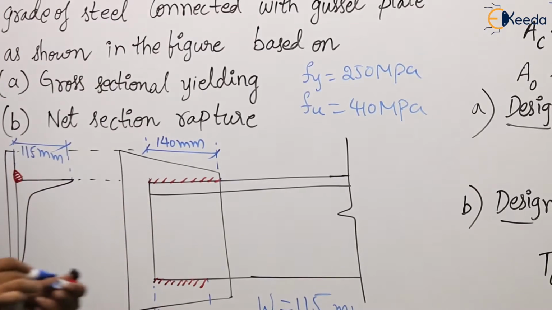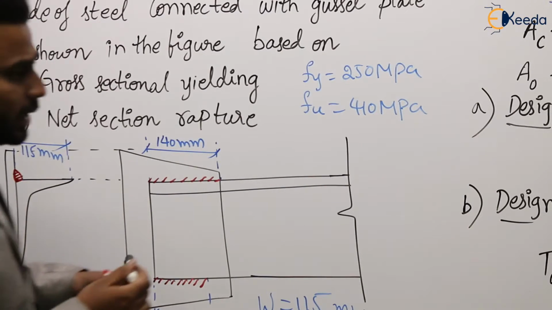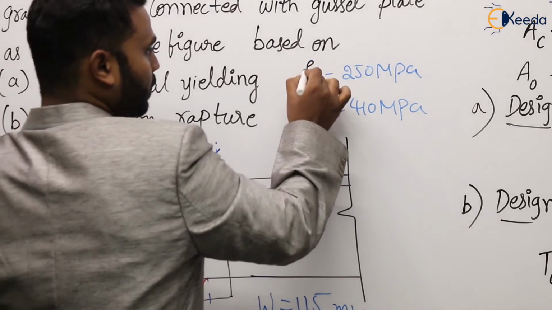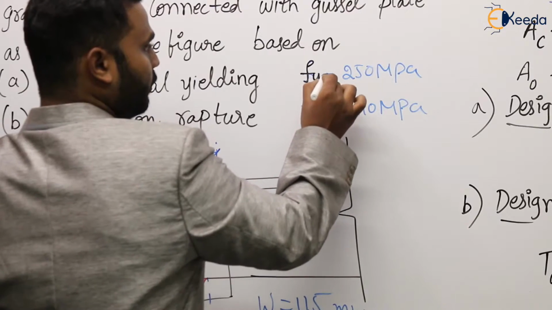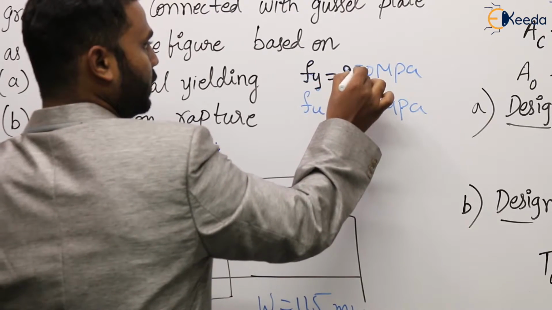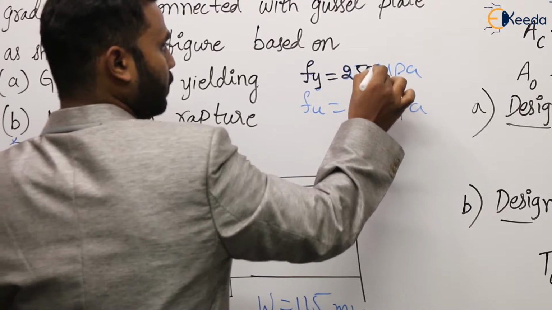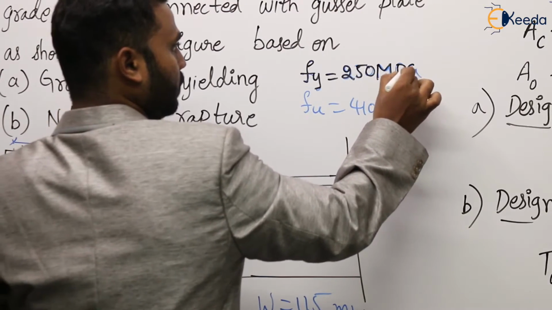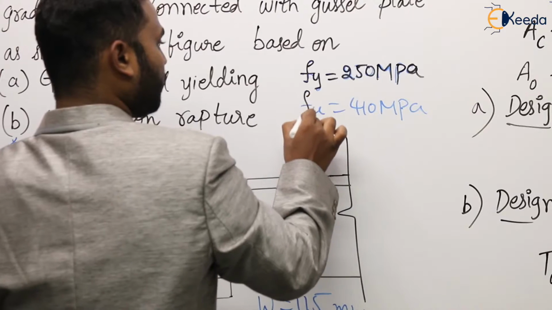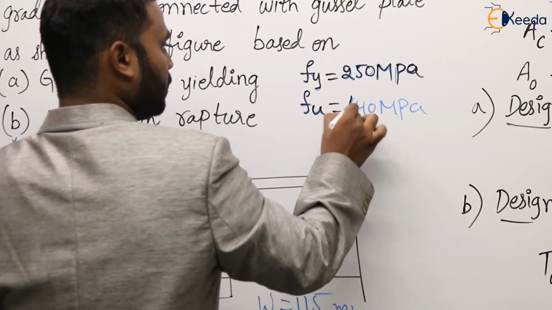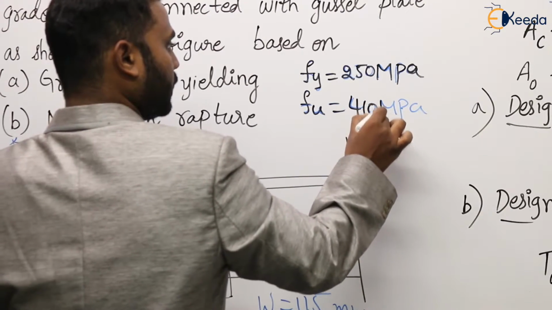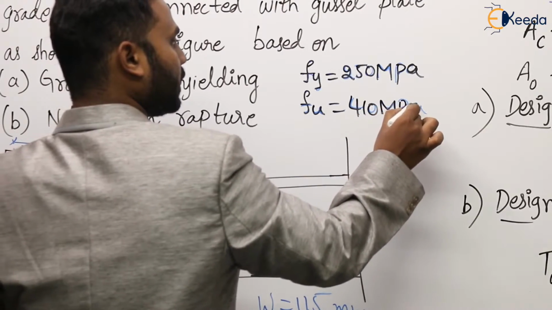Agree? Now Bs. So Fy is 250 MPa and Fu is 410 MPa, which means Newton per mm square.